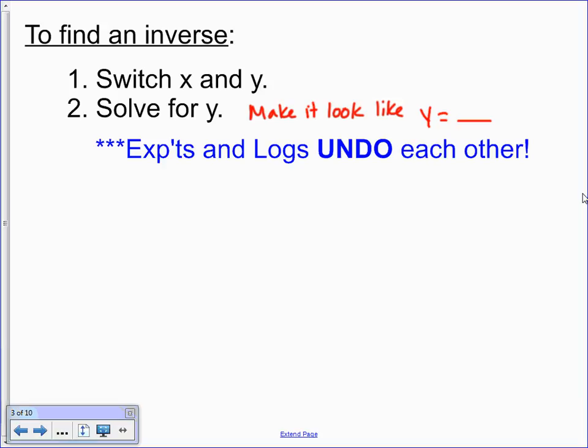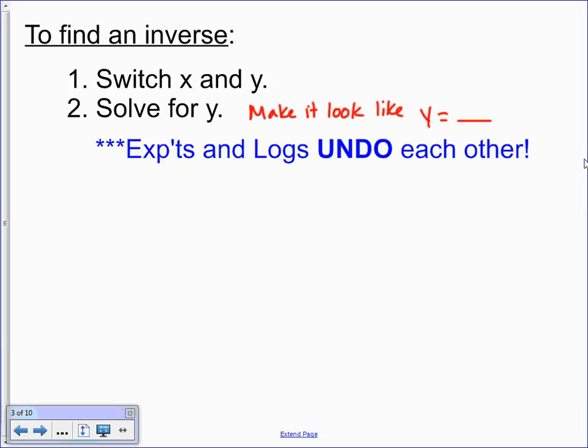Okay, so logs and exponents will undo each other. It's just like when we say, how do you undo subtraction? You add. How do you undo multiplication? You divide. How do you undo a square? You square root. How do you undo a log? You write it as an exponent. Okay, so they're going to undo each other.